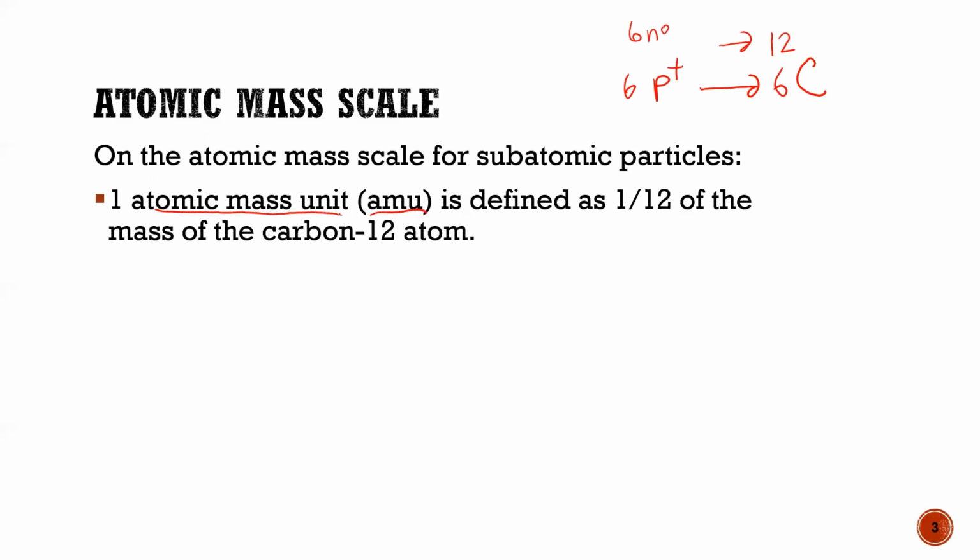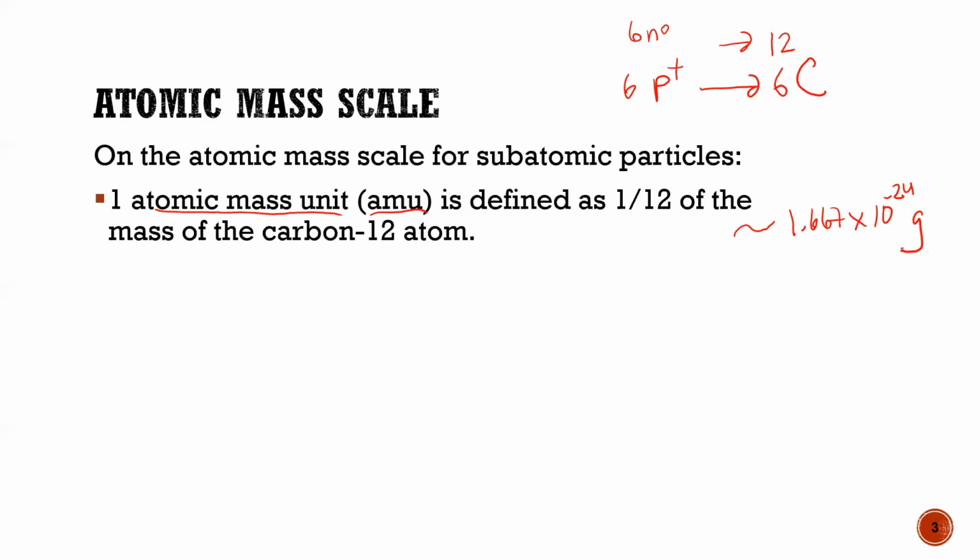We'll talk about later how the atomic mass unit is an incredibly small number. In fact, it's about 1.667 times 10 to the negative 24 grams. I don't memorize it, but that's an extremely small number.